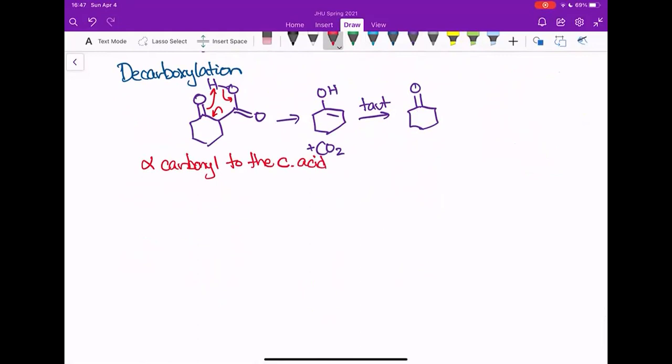So whenever they're just right next to each other, so if you have your carbonyl right here and then it's alpha to the carboxylic acid position, you can form the 6-membered intermediate and it'll automatically happen. And then just remember that your keto form is always more stable, so it'll always tautomerize to that.